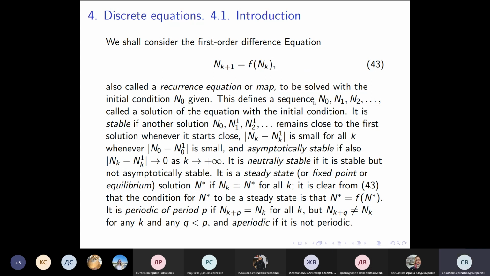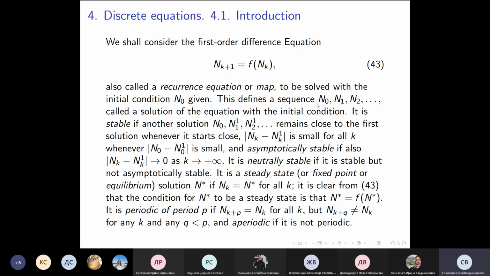So if we have some initial value n0, we can easily calculate n1 is f of n0, and it is our n1. n2 is f of n1, or the same, f of f of n0. It is our n2, and so on. So all the sequence from n0 to infinity is the solution with the initial condition n0.